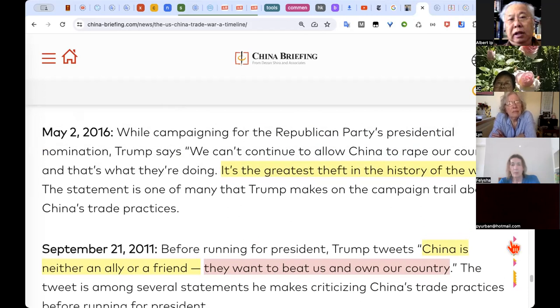Later on, 5 years later, when Trump was running for president during his campaign, they said, we can't continue to allow China to rape our country. And that's what they are doing. Well, US companies voluntarily moved their factories to China in order to maximize their profit by lowering their manufacturing costs.